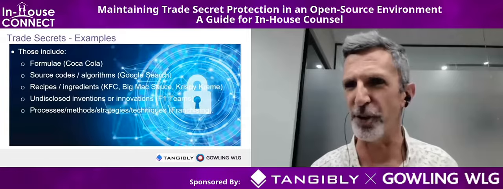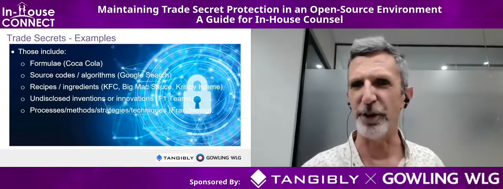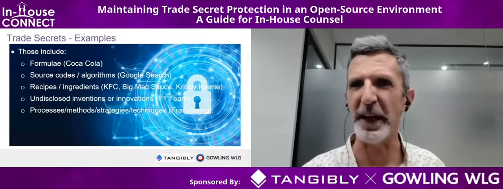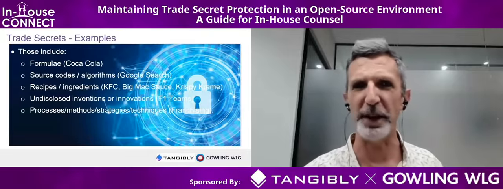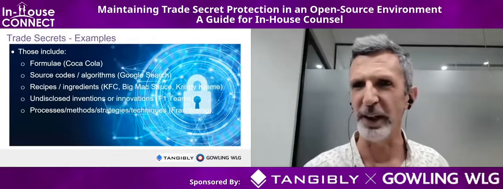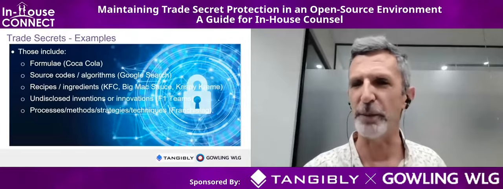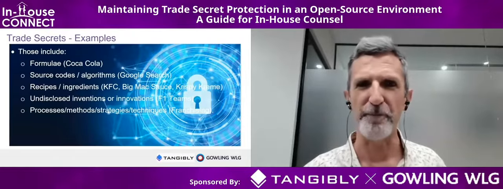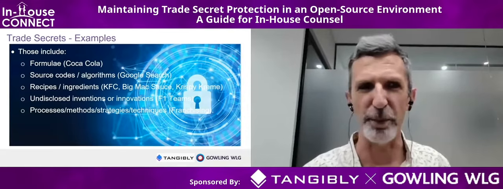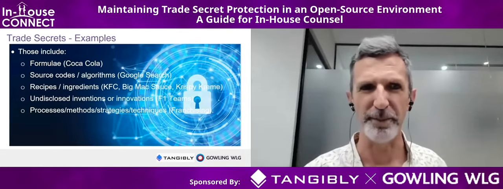Recipes, the KFC special spice blend, different sauces, different donuts. There are many, many different recipes and ways of making food that, again, we encounter on a daily basis and don't really think about them being trade secrets, but that's largely how they're protected for such a long time.